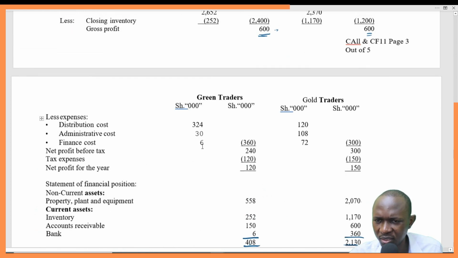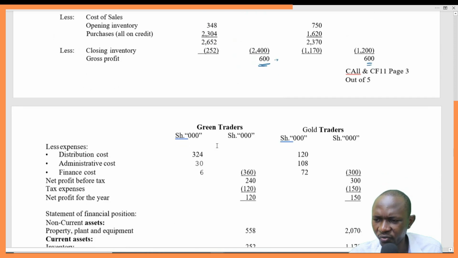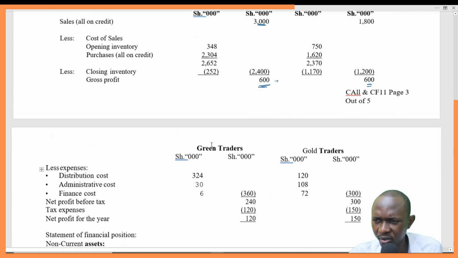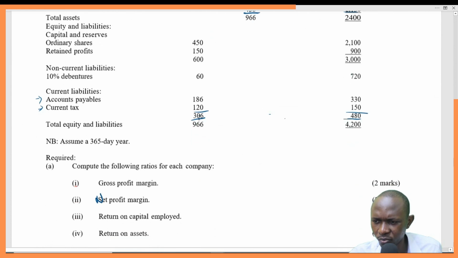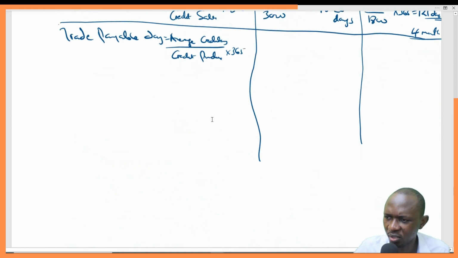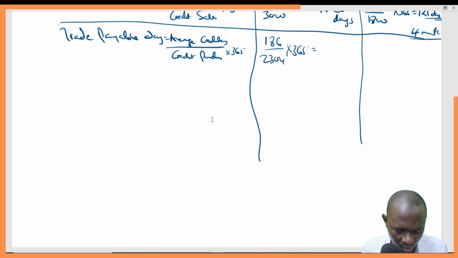This is 186 divided by the purchases. So purchases 2304. So 186 divided by 2304 times 365.